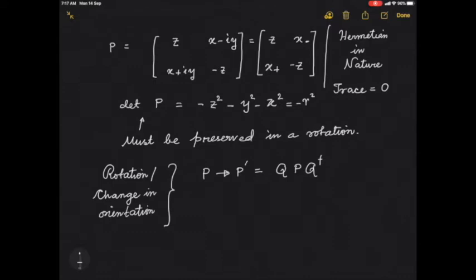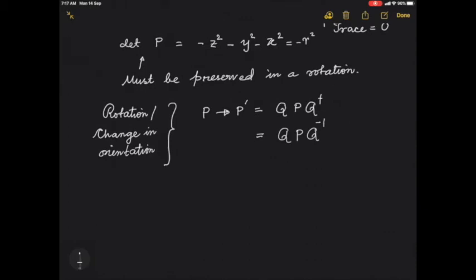But remember that Q dagger is nothing but its inverse because it's a Hermitian matrix. I'm sorry, it's a unitary matrix. So this I can also write as Q P Q inverse.